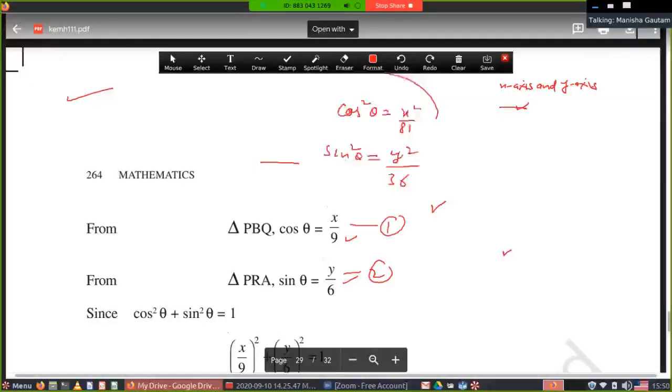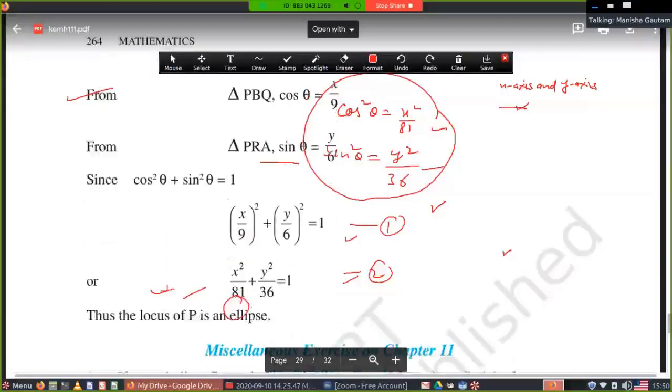When you add these two, cos square theta plus sin square theta becomes 1, and on the right hand side x square upon 81 plus y square upon 36 is equal to 1.